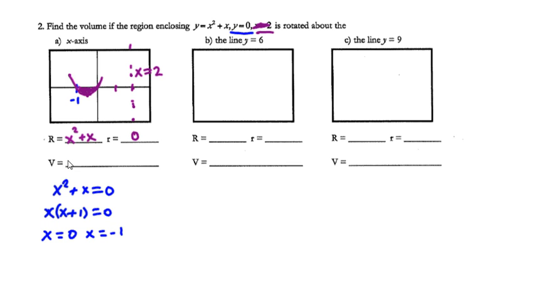So our volume is going to be pi times the integral from negative 1 to 0 of big R squared, which is x squared plus x, and that squared, times dx.